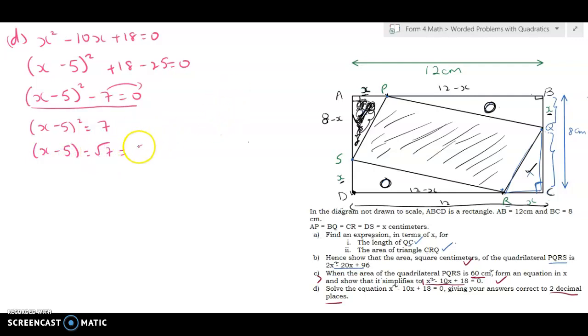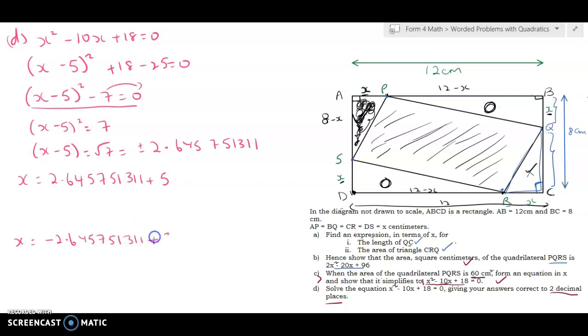And you always write your full value, right? So this is a long number like this, and then I'll say x is equal to positive 2.645751311 plus 5, or x is equal to minus the same value that I just wrote there, plus 5, right?